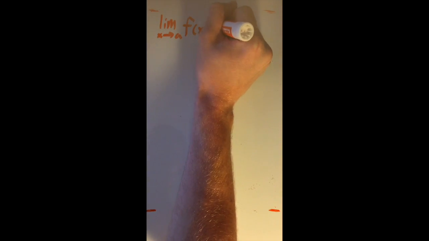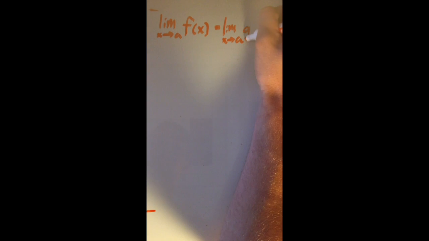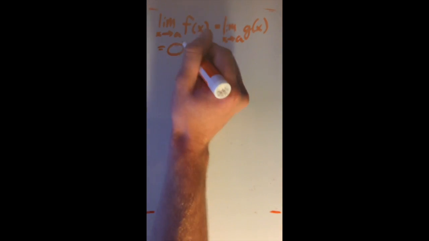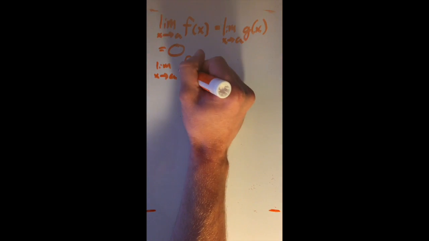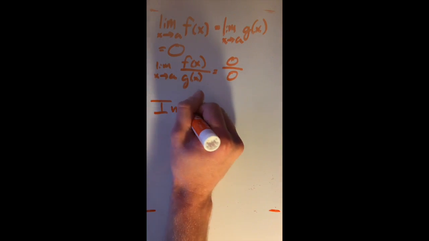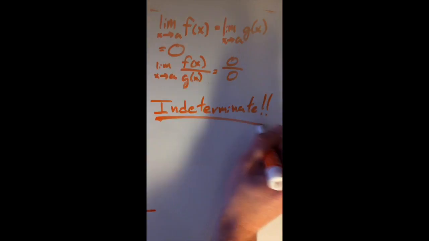Alright, now we have L'Hopital's rule. So if the limit as x approaches a of f of x equals the limit as x approaches a of g of x, and that equals 0, then the limit as x approaches a of f of x over g of x equals 0 over 0, which is indeterminate form.